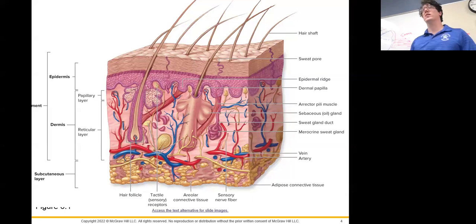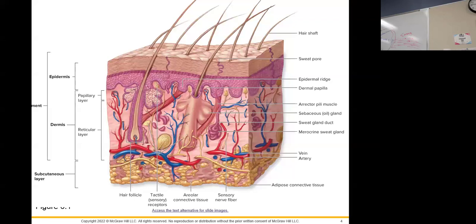It helps us with protection simply because we have this big, thick layer of cells. That thickness is where we're getting our protection. Okay?